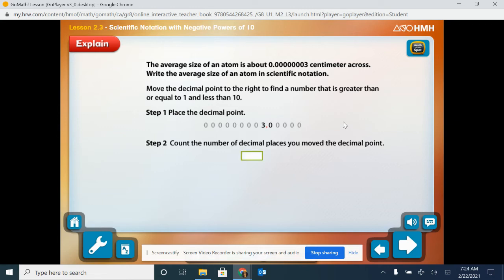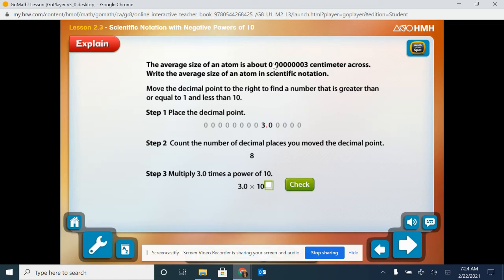Next, count the number of places you moved the decimal point. It was way over here: 1, 2, 3, 4, 5, 6, 7, 8. So I moved it 8 places. Finally, multiply 3 and no tenths times a power of 10.